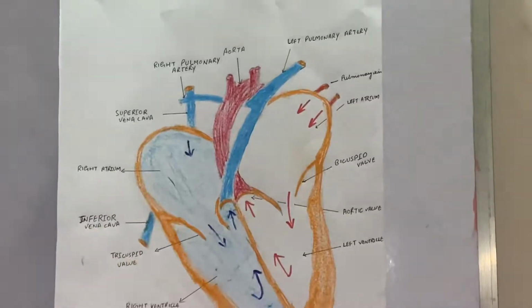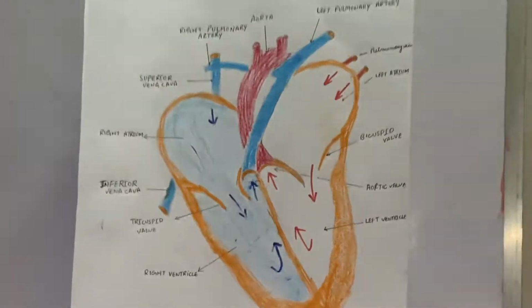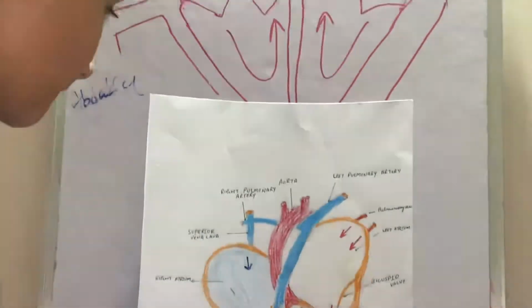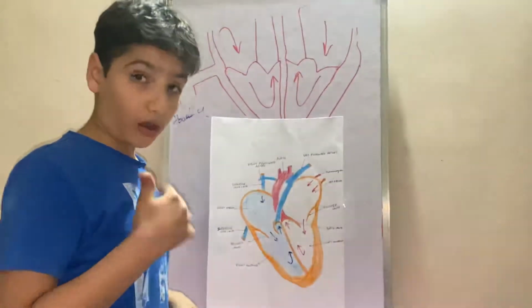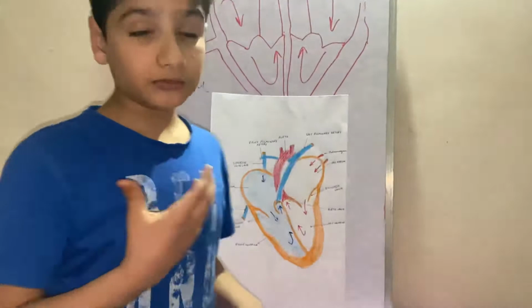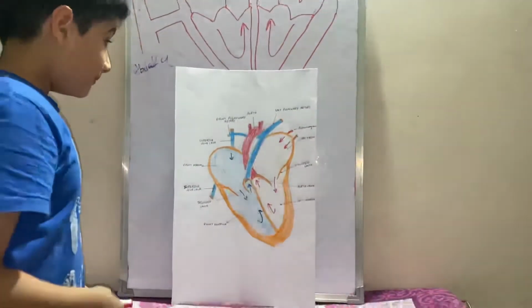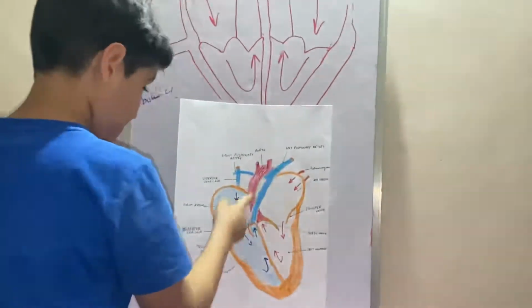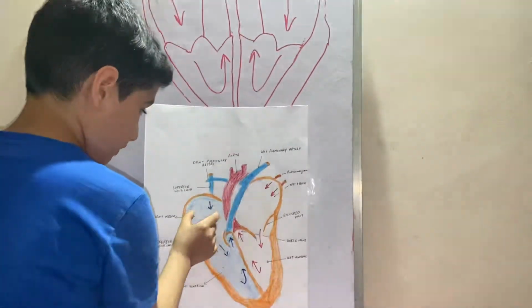The inferior vena cava collects the blood of the bottom half of our body, and the superior vena cava collects the blood of the upper half of our body. It brings the blood from the nose, from the arms, from the fingers, from the brain, from the hair and all. Then we collect the deoxygenated, impure blood, and it goes into the right atrium.